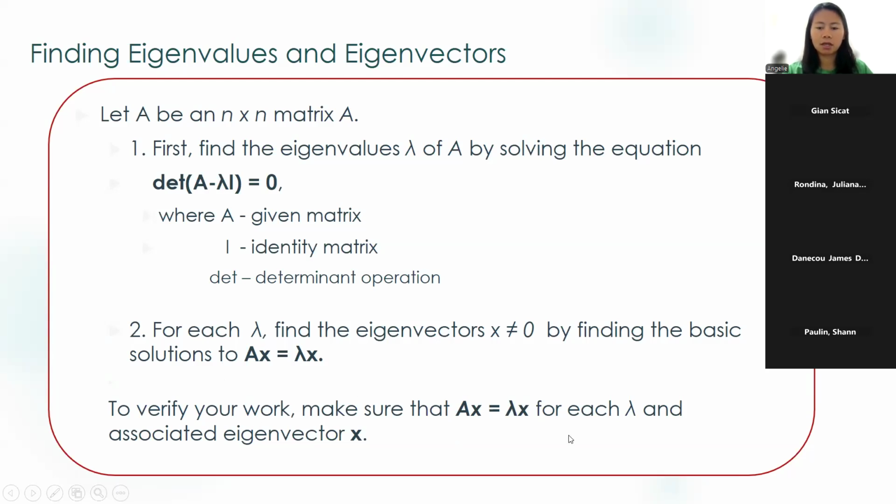Okay, of course, make sure that for each lambda eigenvalue, you will use its associated or its corresponding eigenvector upon checking. Okay, if you use lambda 1, for example, make sure you use the same eigenvector that you got when you use the lambda 1, right, for example.